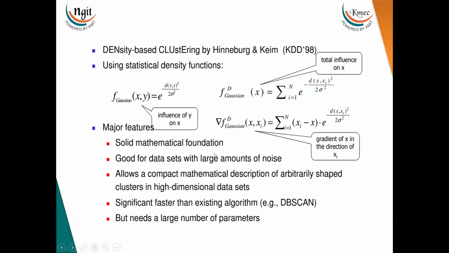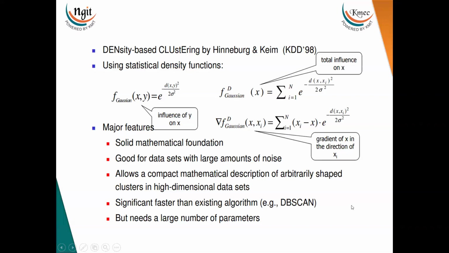It has a complex mathematical foundation, and it is good for data sets which have large amounts of noise. Because using this mathematical foundation, we can identify the outliers easily. And then we can also identify the arbitrary shaped clusters which are present in high dimensional data sets.